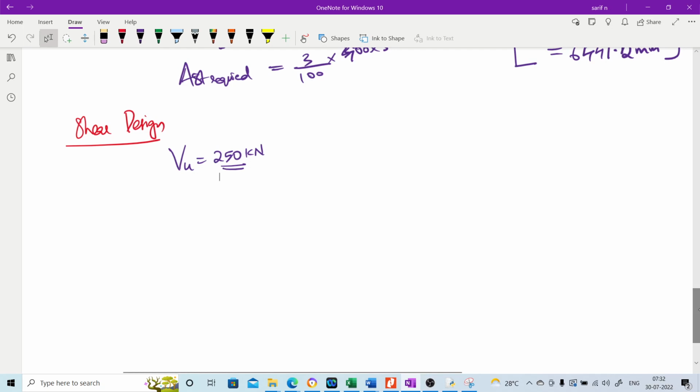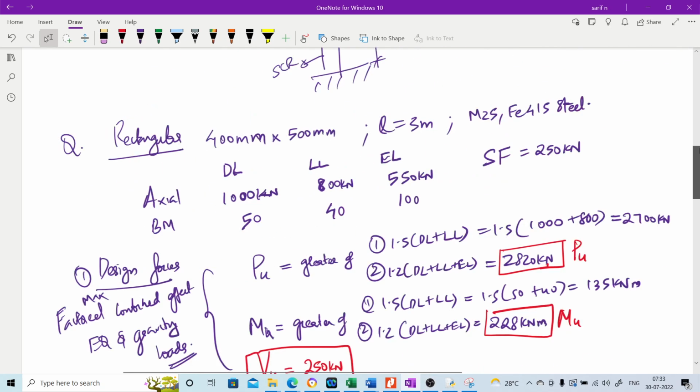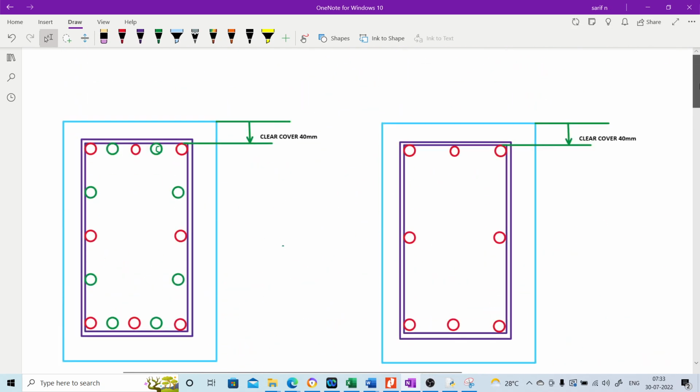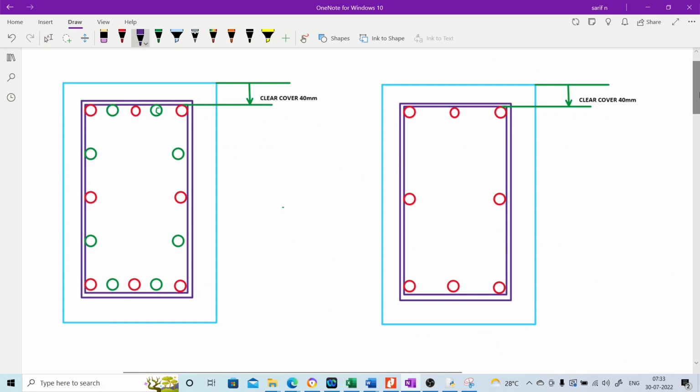So first thing we need to find out is tau V. Tau V is equal to VU divided by B into D. So we have to find out the effective depth. How do we find out the effective depth? Effective depth can be found from this particular figure.